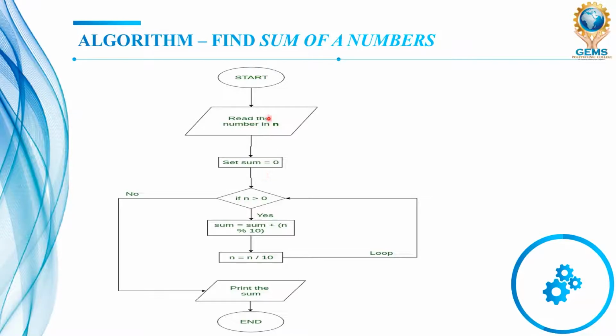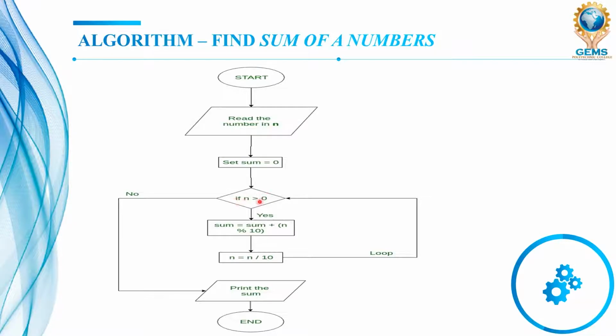So here we start using the oval symbol, and here is the input. We are getting the input from the user. For that we use a parallelogram symbol, and here we use a rectangle symbol for processing. So set sum equal to 0. Then a diamond shape is used for making a decision.